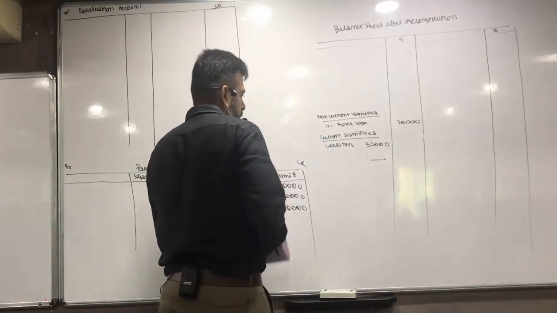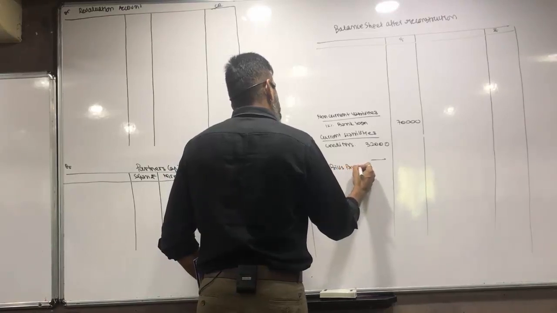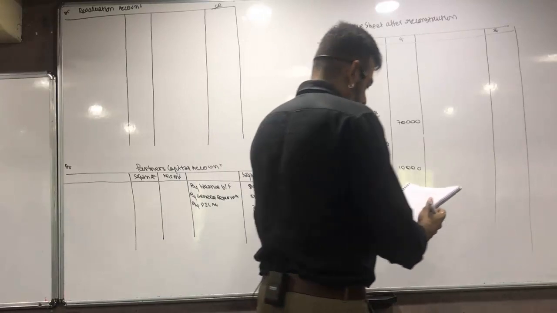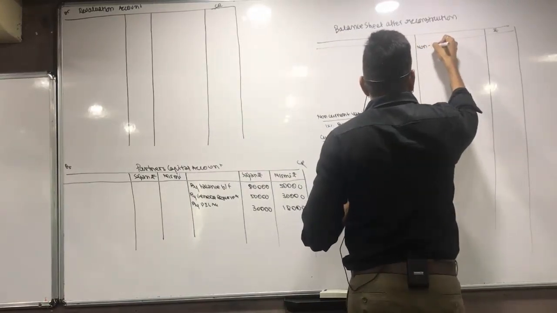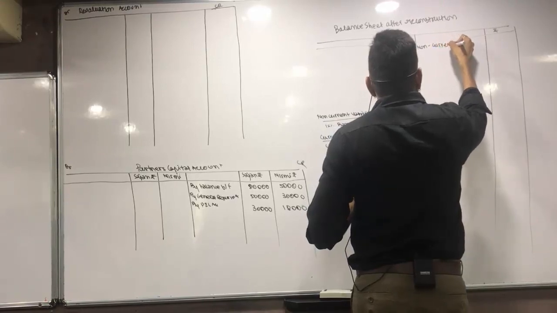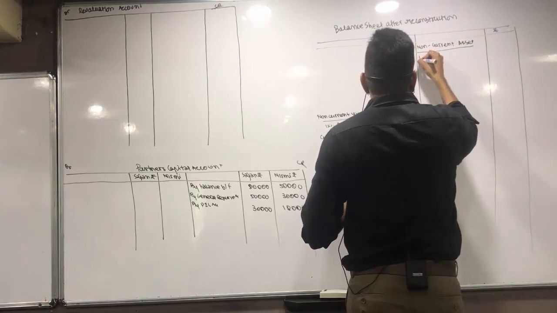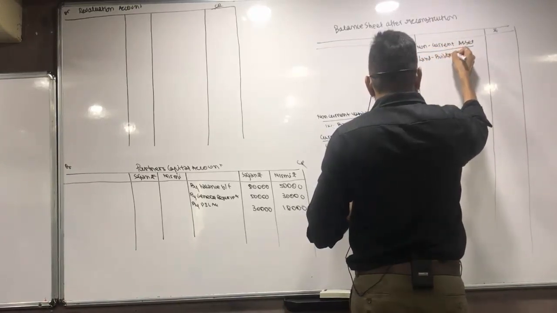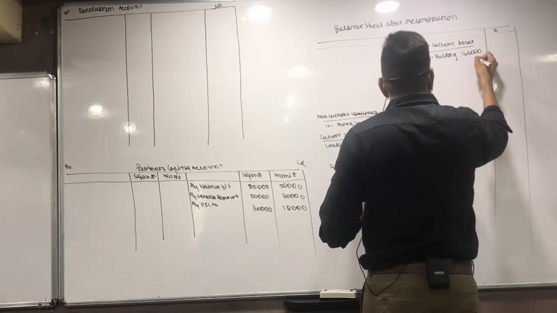Bills payable 10,000. Non-current asset. Land and building 1,40,000.